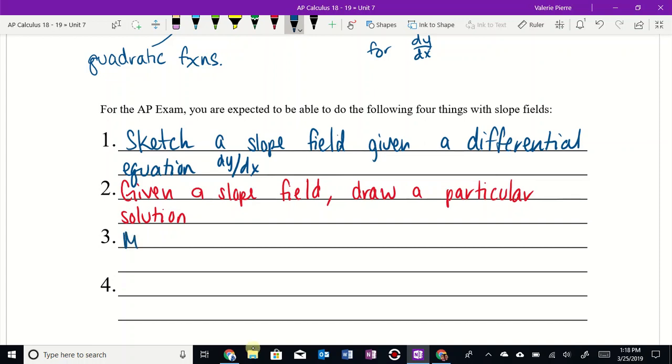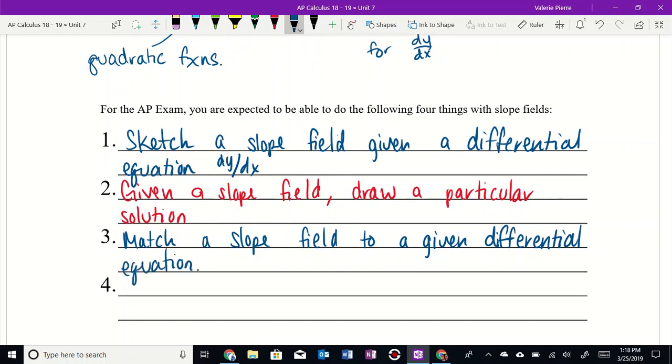Thirdly, you're going to need to know how to match a slope field to a given differential equation, which we'll do a little bit of practice in this packet as well.